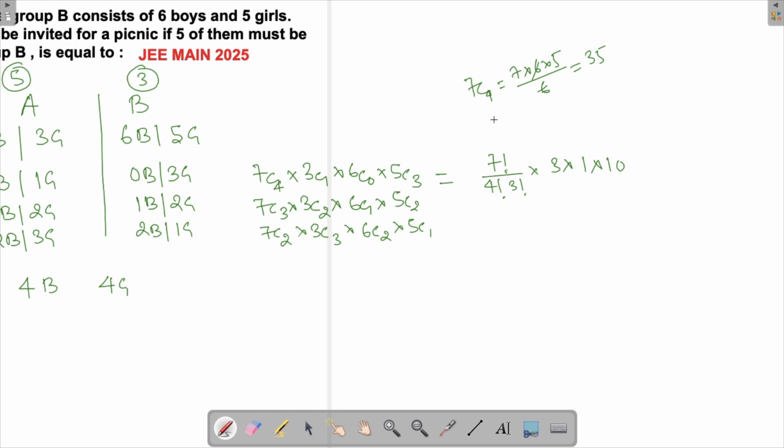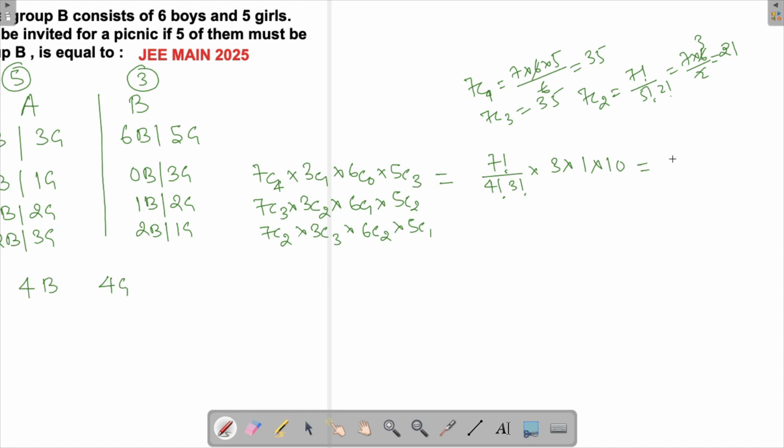Let's also calculate 7C3, which is equal to 7C4 itself, 35. And 7C2 is 7 into 6 upon 2, which is going to be 21. We have got all this, and now we can do it quickly.